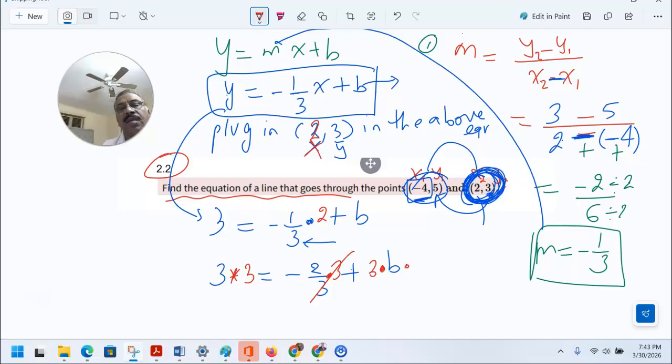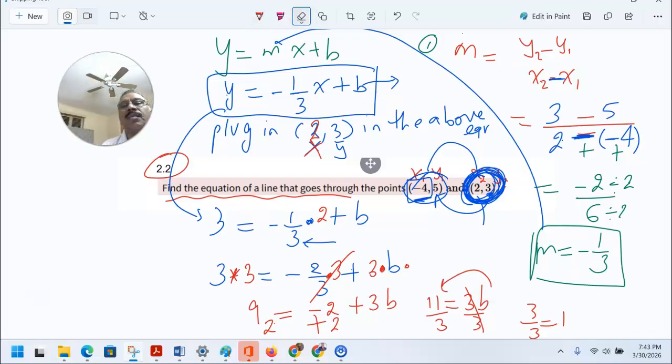That way this 3 crosses out because 3 over 3 is 1. And this becomes 9. This is -2 plus 3b. Then add 2 to both sides, so you get 11 equals 3b. Then divide by 3. This crosses out and you get b is 11 by 3.